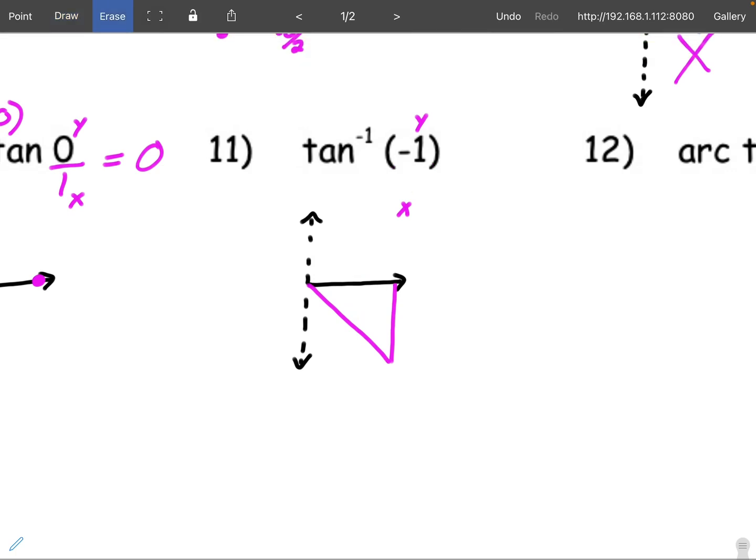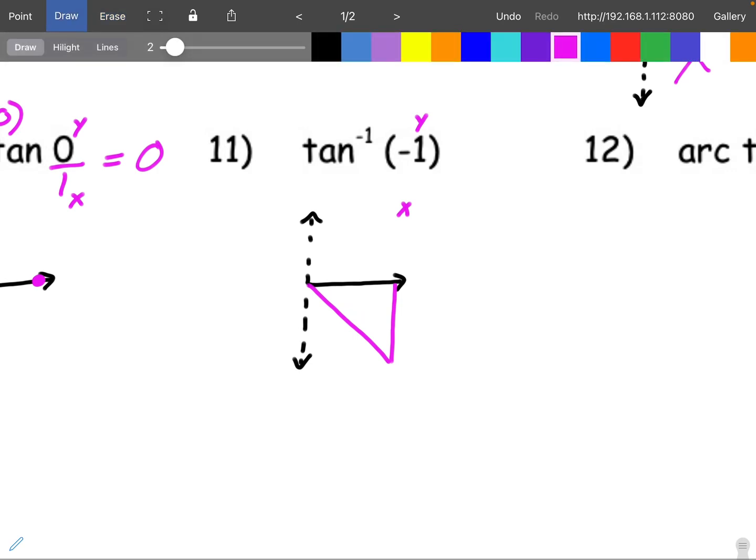Now, since I need it to simplify to give me a version of 1, that tells me that the x and y value have to be the same. So I can go ahead and write this as the y value would be -1, the x value would be +1. If they're the same thing but opposite signs, there's only one angle that does that, and that's 45 degrees.